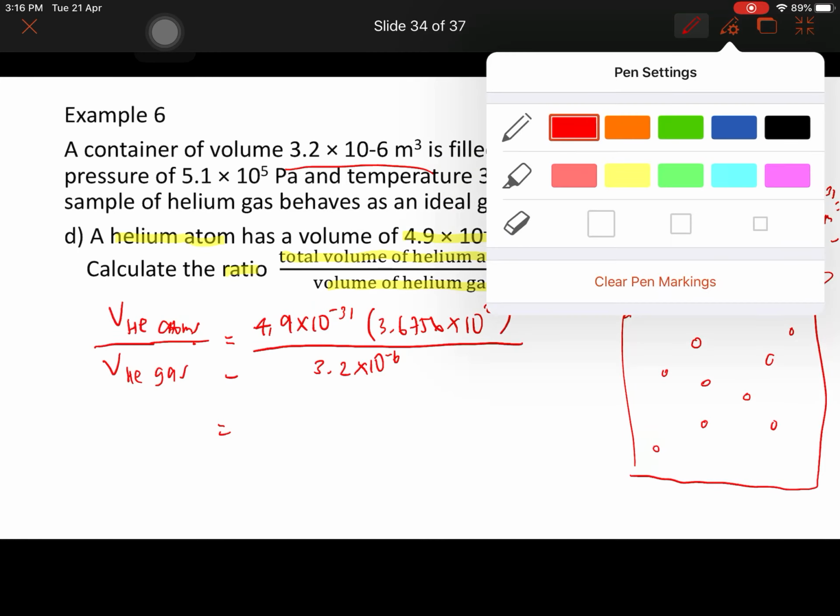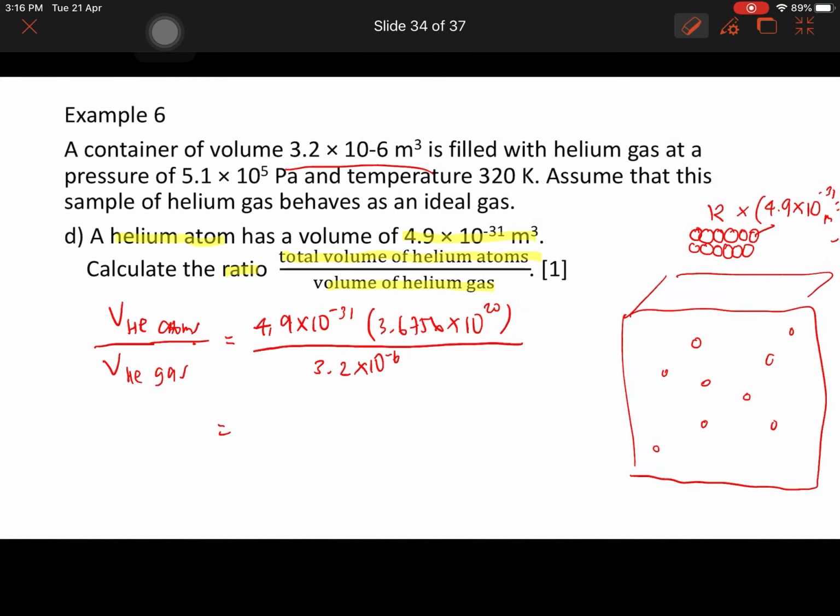So calculate this out in your calculator, and you will get something like 6.125 times 10 to the power of minus 5. So approximate it to 2 SF, 6.1 times 10 to the power of minus 5.